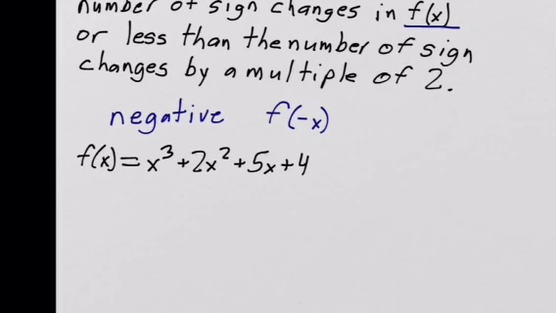So remember, if there's no sign in the first term, it's assumed positive. So positive to positive, that's not a sign change. Positive to positive, that's not a sign change. Positive to positive, that's not a sign change. So we have no positive zeros.